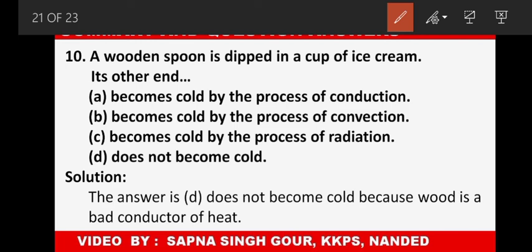What do you think? Yes, option D, does not become cold. Why? A wooden spoon is dipped in a cup of ice cream, so its other end does not become cold because wood is a poor conductor of heat.